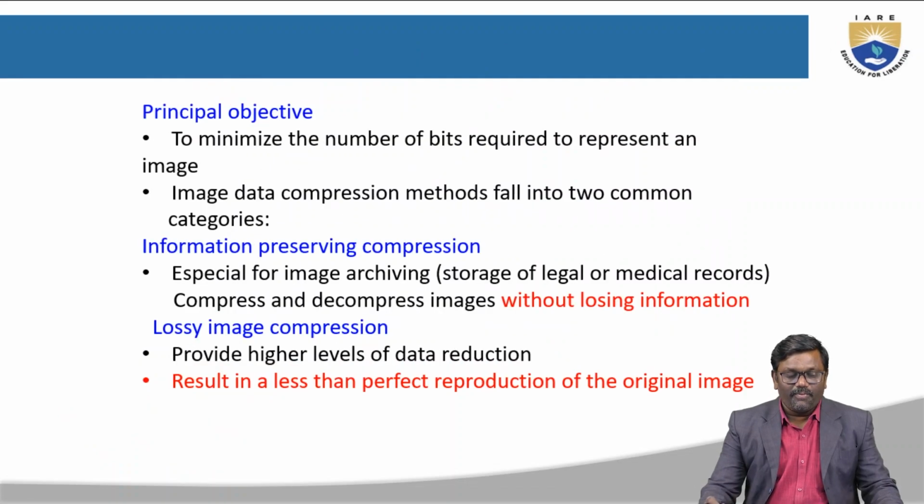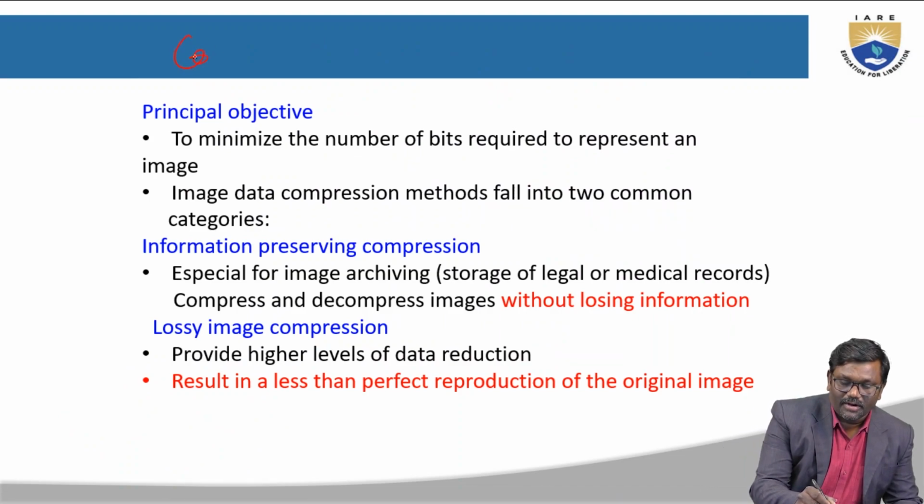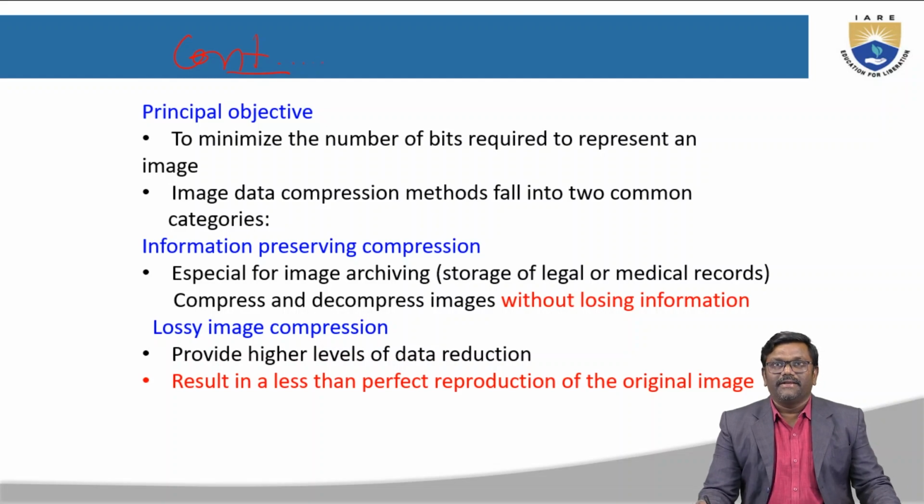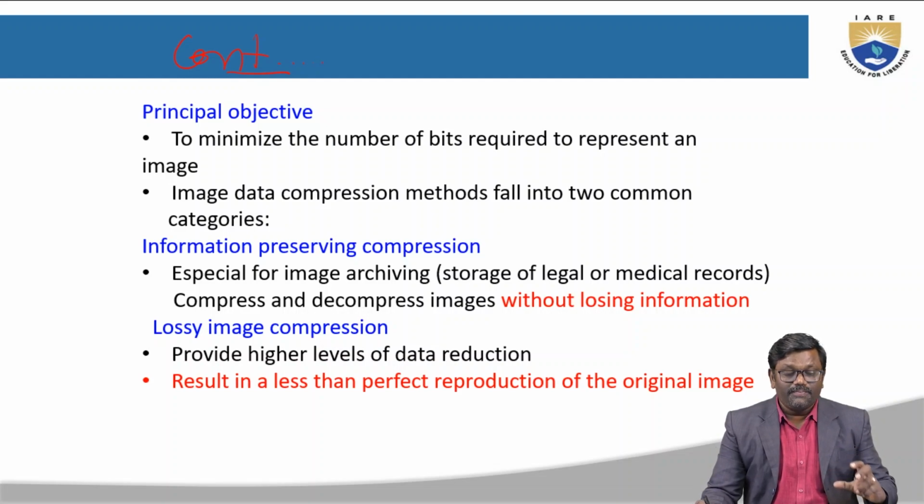Coming to the next point, in continuation, the principal objective of image compression is to minimize the number of bits required to represent an image. We also say image data compression methods fall into two common categories.